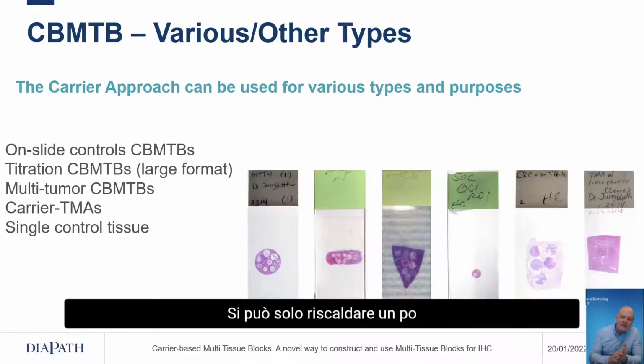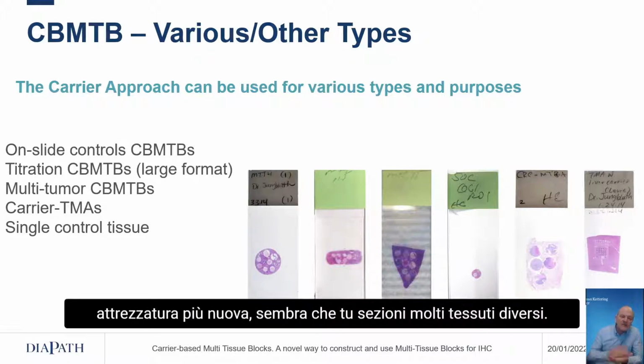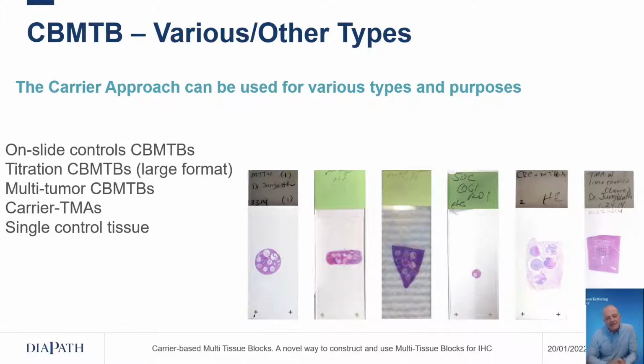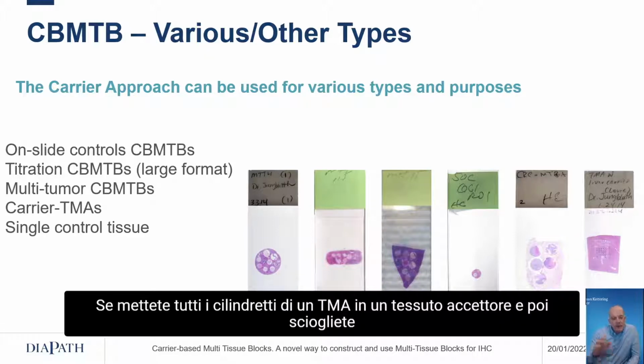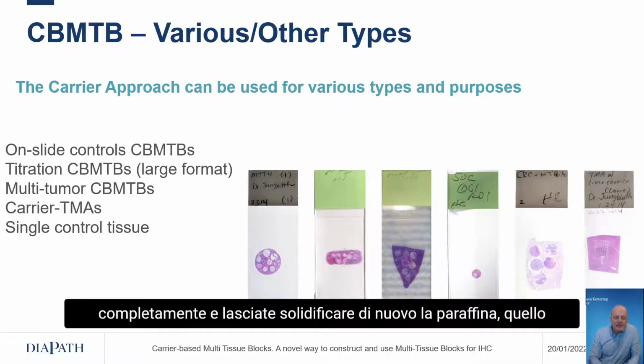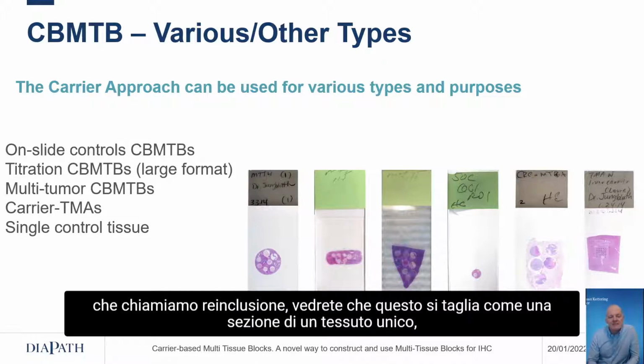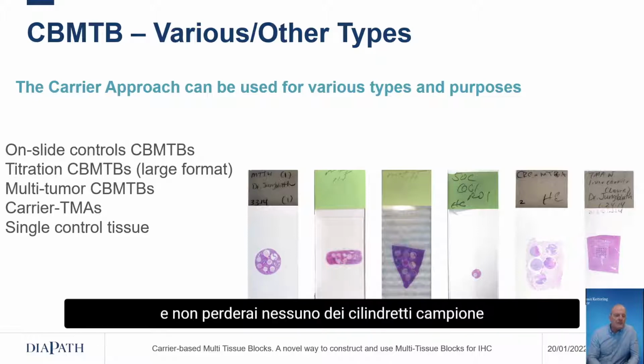You can only heat it a little bit, push it down, and so forth. But still, when you section it, even with the newest equipment, it feels like you make many different cuts through many different tissues. If you place all the cores of a TMA in a carrier tissue, melt it completely and let it solidify again, what we call re-embedding, you will see this cuts like one section, and you will not lose any of the punches, the cores that are in those TMAs.